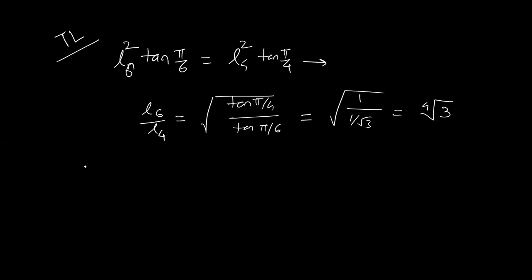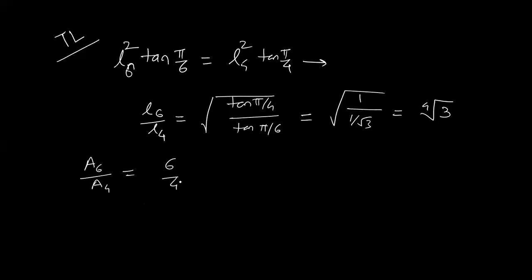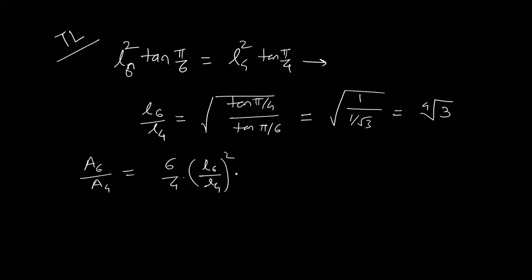And what about the area served, A6 by A4? The area served is basically 6 times this one, so this is 6 by 4. I will rewrite the equation here: 6 by 4 into L6 by L4 square, and then tan pi by 6 divided by tan pi by 4.